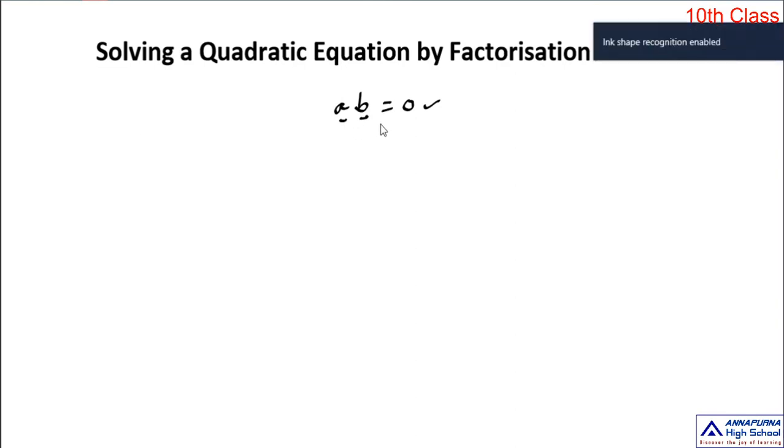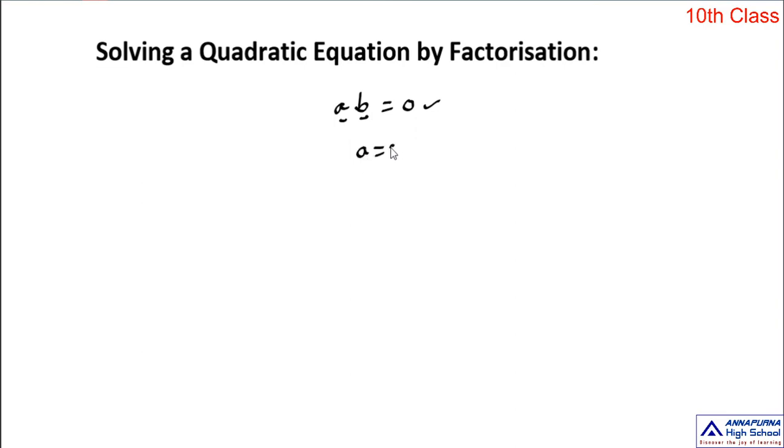So if the product of two real numbers is 0, then at least one of the two real numbers must be 0. That means if a into b is equal to 0, then either a is equal to 0 or b is equal to 0, or both a and b are equal to 0, then the product is equal to 0.